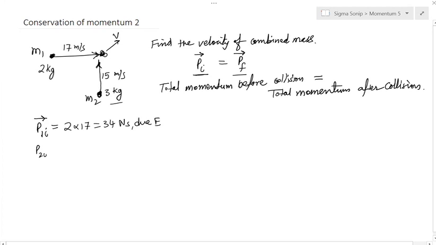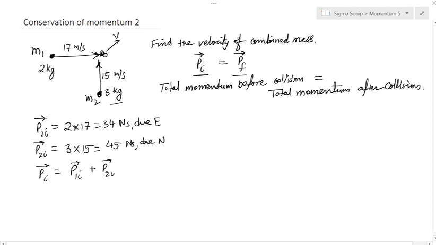And p2i, which is the initial momentum of the second object, initially meaning before collision, is mass times velocity, which equals 45 newton seconds due north. To find the total momentum, we need to vectorially add them together. So the total initial momentum Pi equals p1i plus p2i, and this is a vector addition.